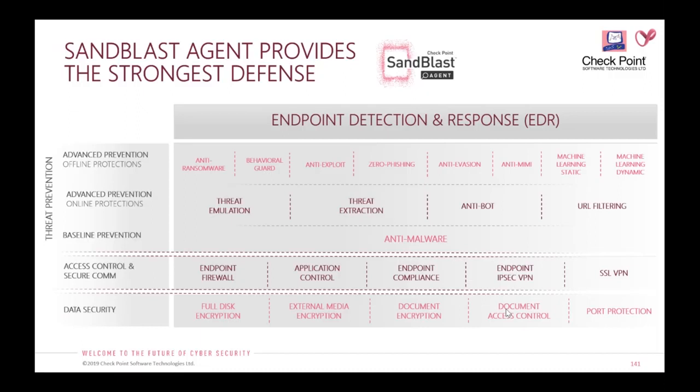Online protection, like threat emulation, extraction, anti-bot, URL filtering, as you know, will require internet access for the endpoint. And some offline protection methods are also there. You can check on the top.